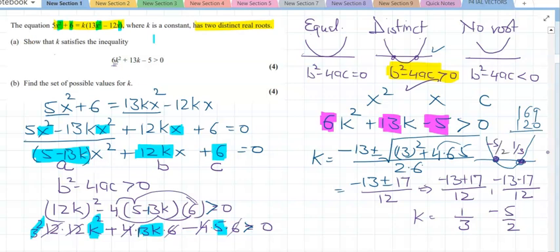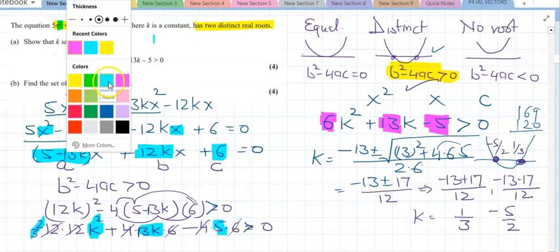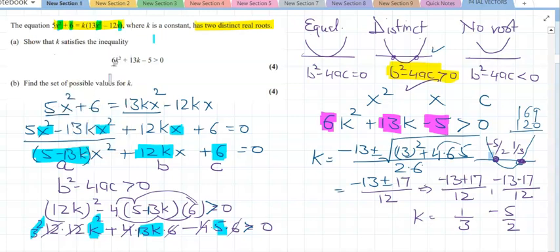Positive will be this side, negative will be this side. It is greater than 0. Greater than 0, we know it very well, means the top area, the upper part.